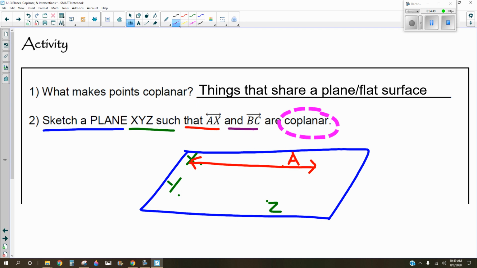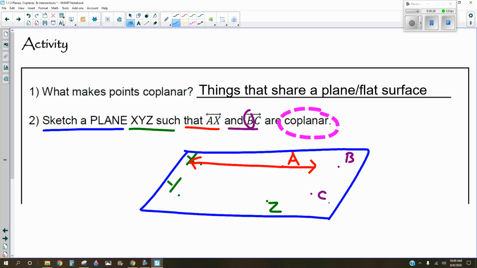The next thing I need to do is do ray BC. So remember, my ray starts at B and moves towards C. Well, notice I don't have a B or a C on my picture anywhere. So now I have to add a B and a C that is coplanar so that I can draw these items. You can put them wherever you want. This is creative freedom. I don't care where you put this stuff. So maybe I'll put B over here and C down here.